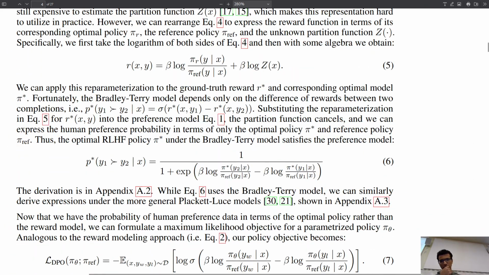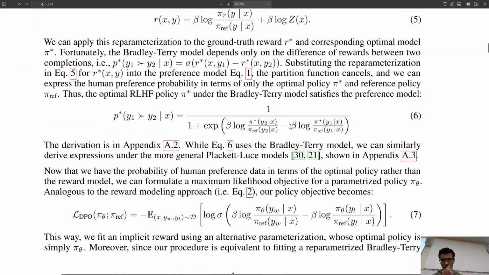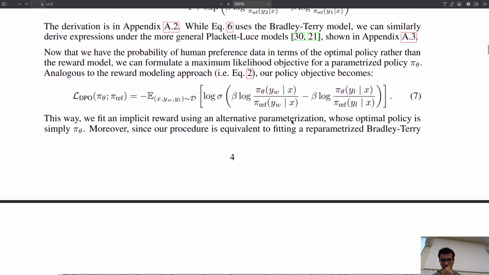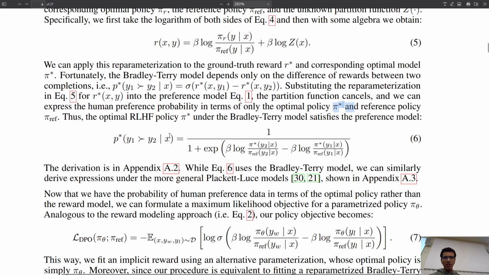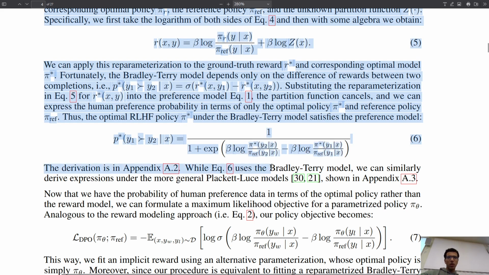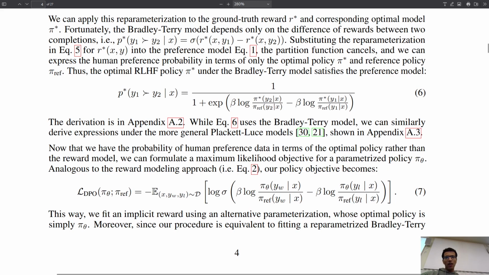Let's see, I probably just got it wrong, or copied that wrong. Okay, yeah. So over here, up to this point, we have optimal policy, pi star, and reference policy, pi ref, and then the optimal RLHF policy, pi star, under Bradley-Terry satisfies the following preference model. Then we have the probability of preference data in terms of optimal policy rather than reward model.